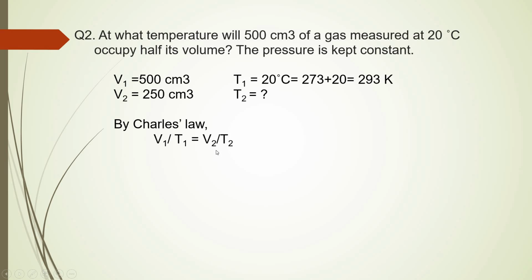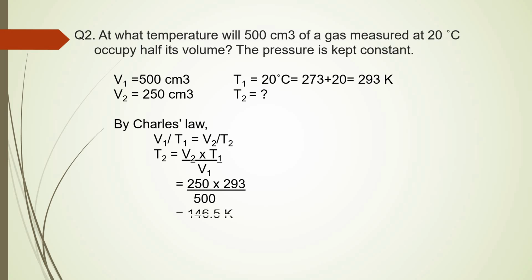Now by Charles' law, we know that V1 by T1 is equal to V2 by T2. And we are asked to find the final temperature T2. So when we rearrange, we get T2 equals V2 into T1 divided by V1. Now when we substitute the values of final volume, initial temperature and initial volume, we get 250 into 293 divided by 500.